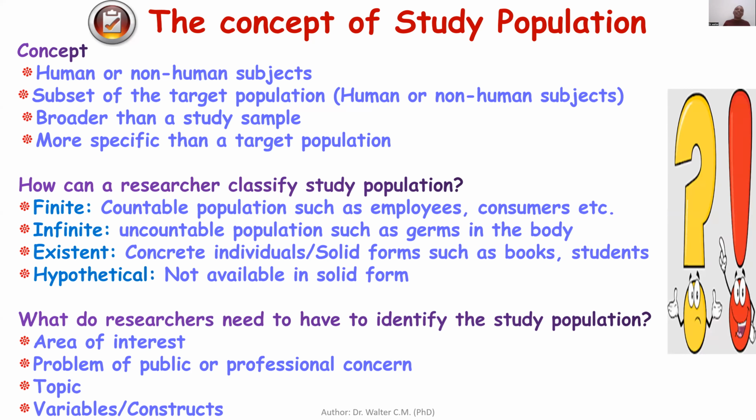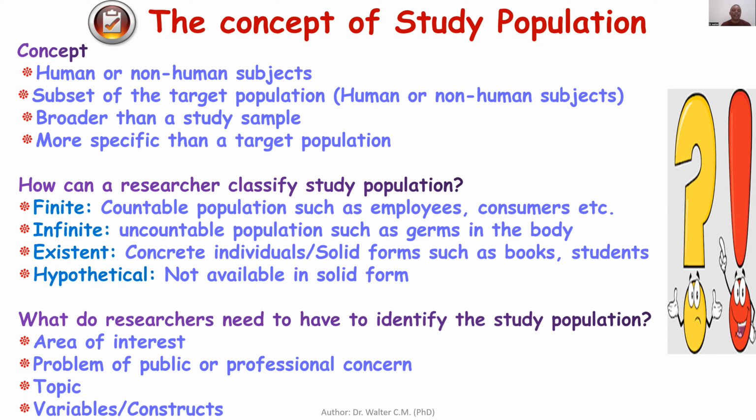It may happen that you are studying a topic, but the population you have plugged into the title does not correlate with the topic you study. It happens like that, so we need to be alert and very careful when we opt for the study population. We need to link it with the study topic.